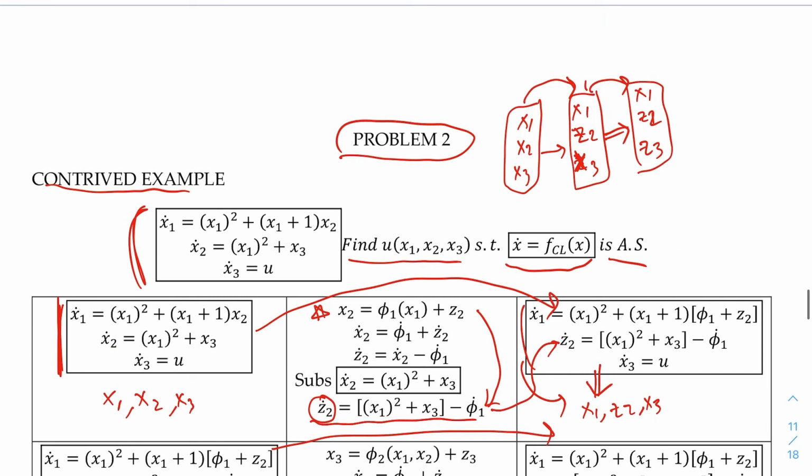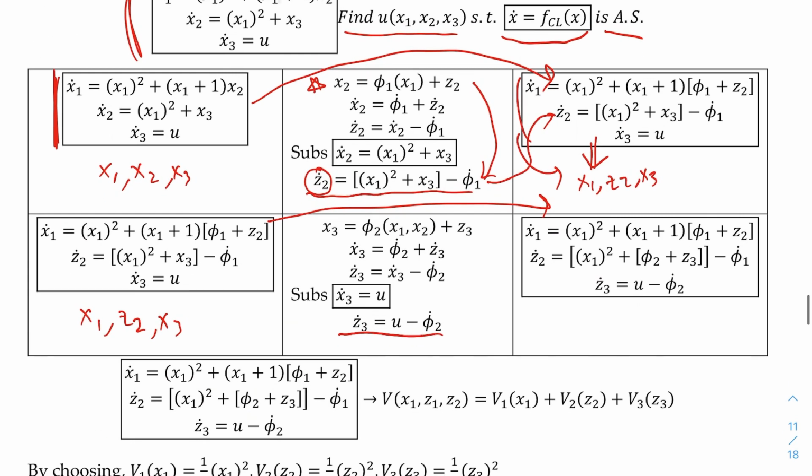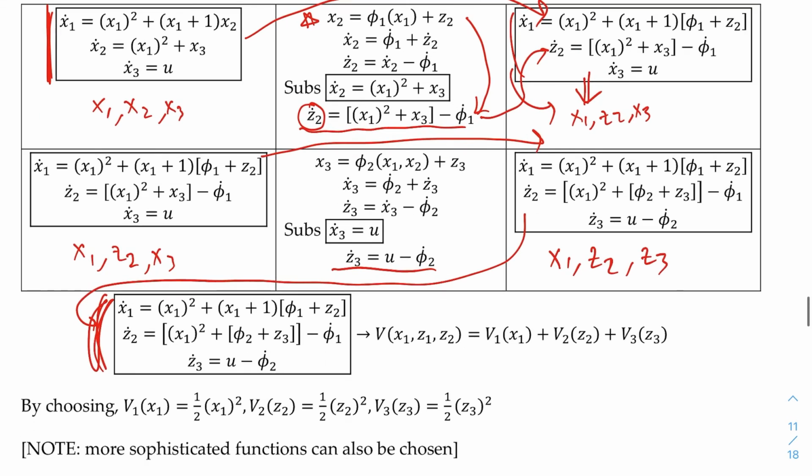Okay, and again doing the manipulations, doing that transform, the dynamics can be written in x1, z2, and z3. Okay, here this is the new dynamics, right?